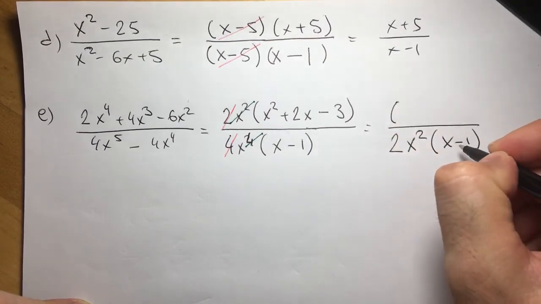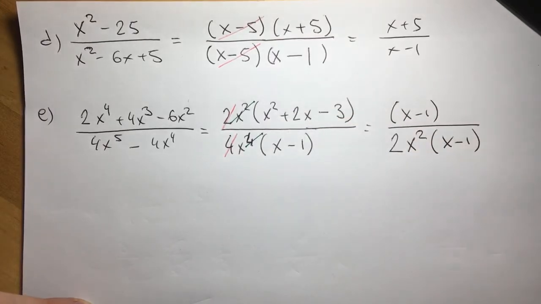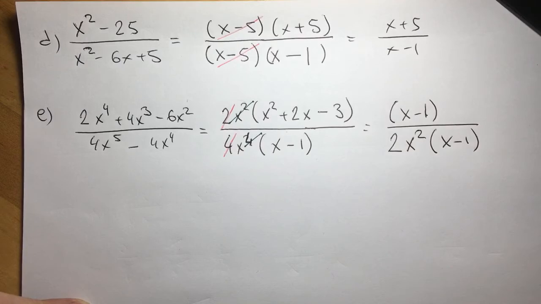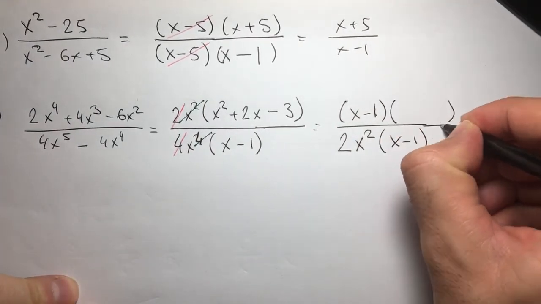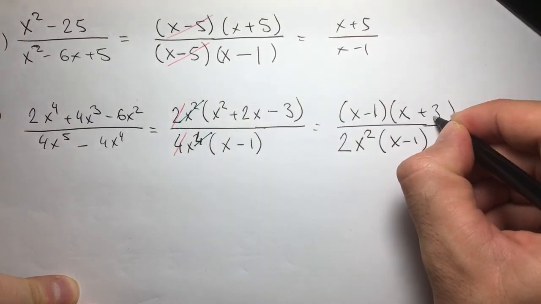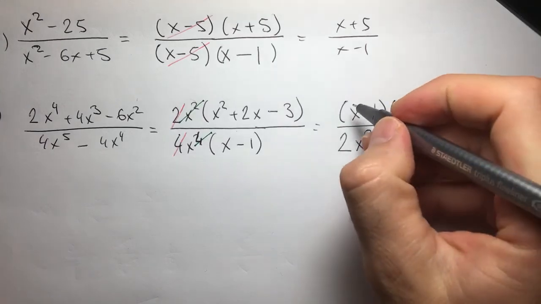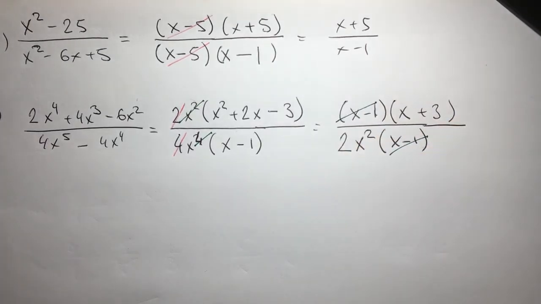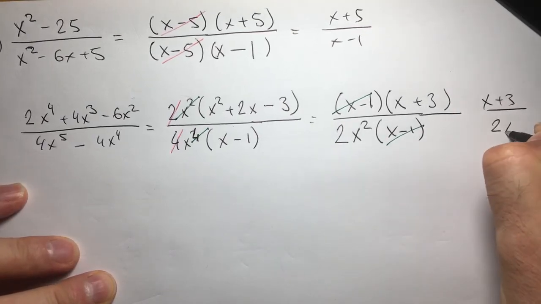So for sure, since 1 is a zero of this polynomial, x minus 1 is going to be one of the factors. Finish factoring. x times x is x squared, plus 3 times negative 1 is negative 3. Cancel out the common factor, and your answer is x plus 3, oops, over 2x squared.